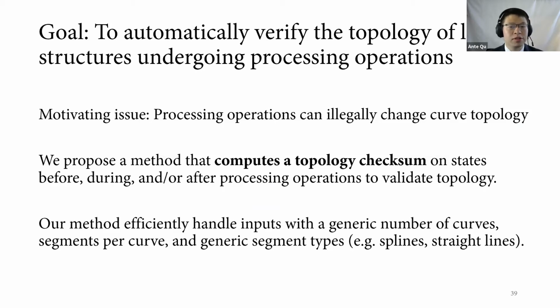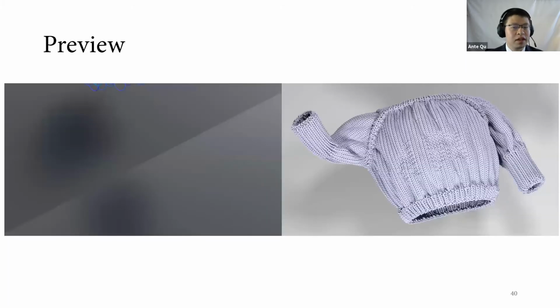What we propose to do is, given the model state, compute a topology checksum. This can be done before, during, or after processing operations to validate topology. We also handle inputs with a generic number of curves, segments per curve, or curve segment type, such as splines. Our method verifies topological structure during processing operations and can detect any violations for us.